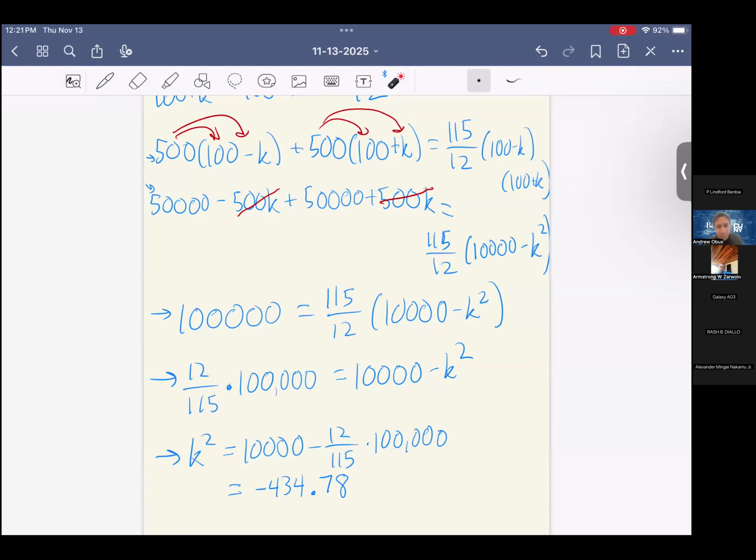The point is, the number of decimal places doesn't actually matter, because here we have k squared equals a negative number. So what this tells us here is no real solutions for k. All right. So no real solutions for k.